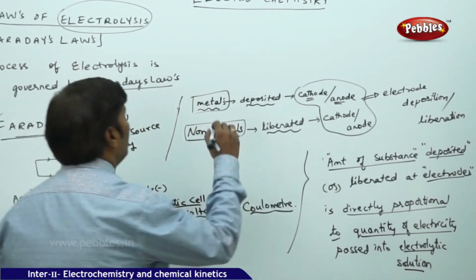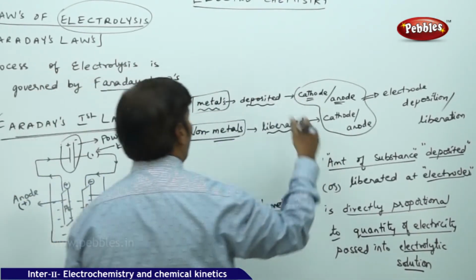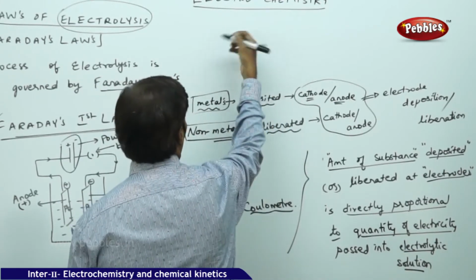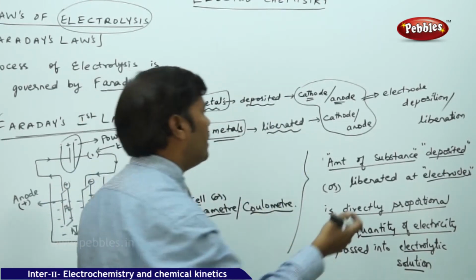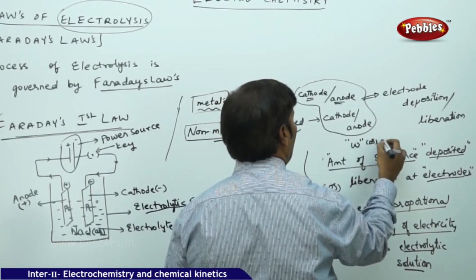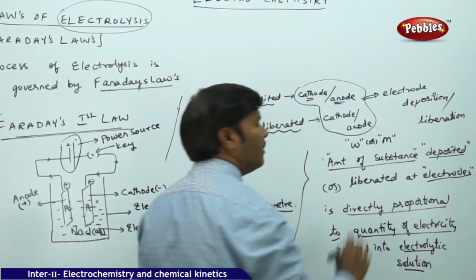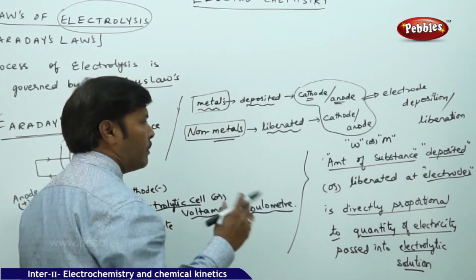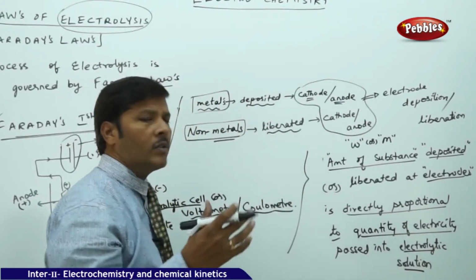So mathematically, how do you understand this? When you go for the mathematical expression, the amount you can take as W or M. You can use two different terms, either W or M. Both mean one and the same here. You can express W in grams, mass also in grams.